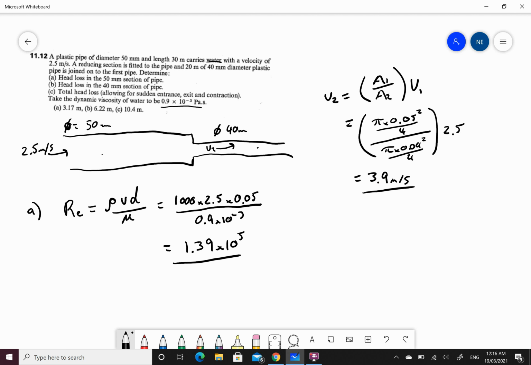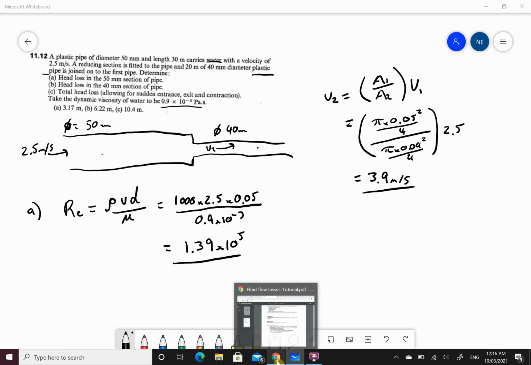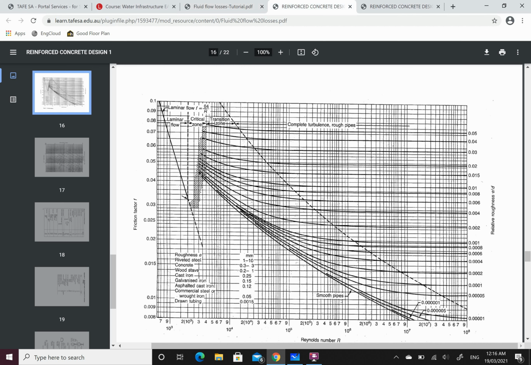Now, tricky bit. What is this pipe? It's a plastic pipe. Plastic pipes are smooth pipes. Go back through your notes, that's what you'll see, is the plastic pipes are smooth. So what we're looking at is where the smooth pipe line is, which is the lowest friction coefficient.